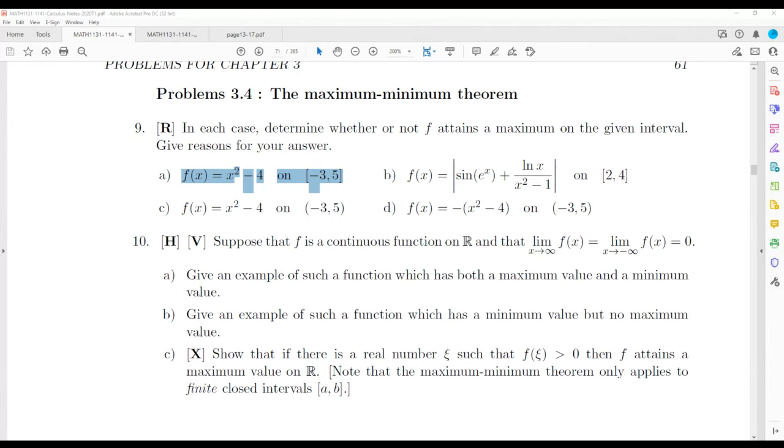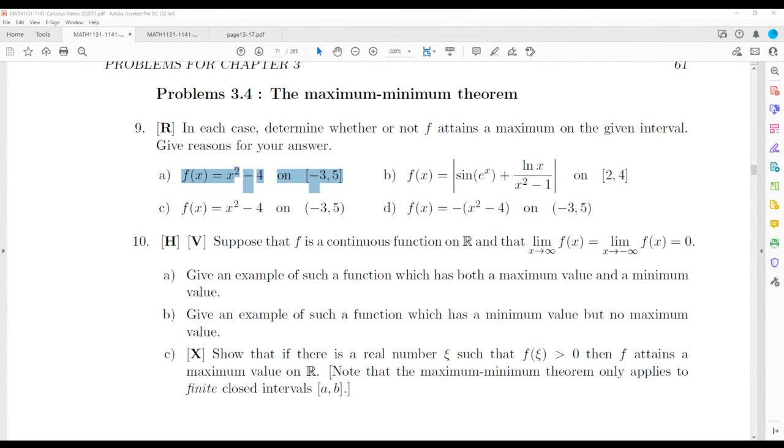So the next question is, how would you justify why it has a maximum? How do you know? Yes, it's a closed interval, right, Chen?